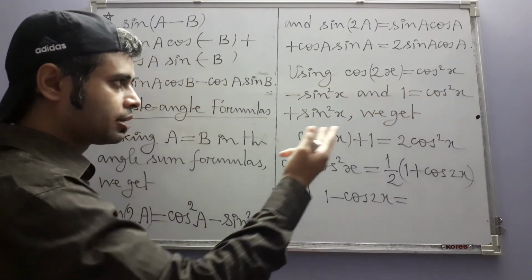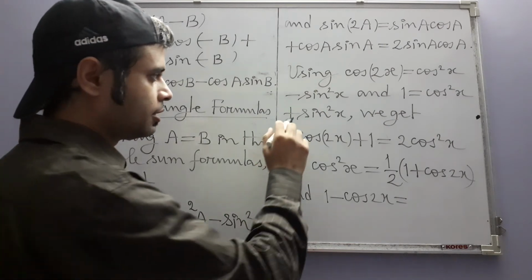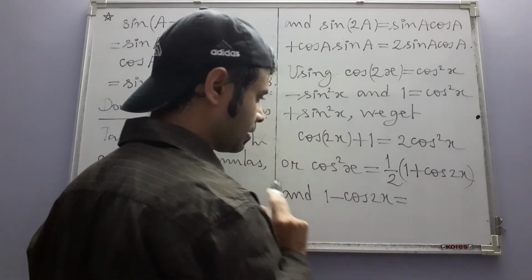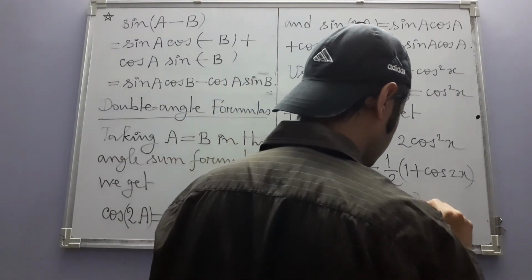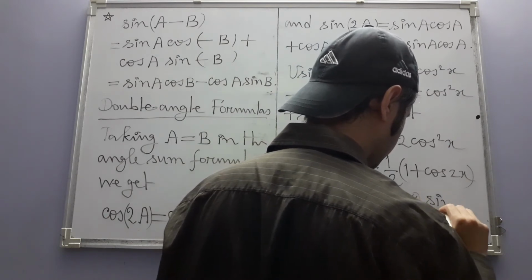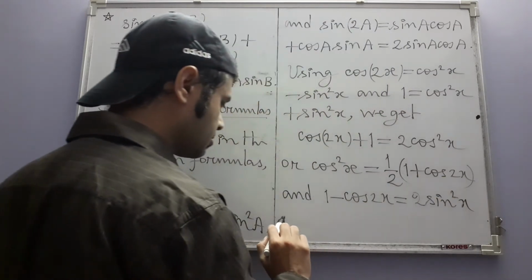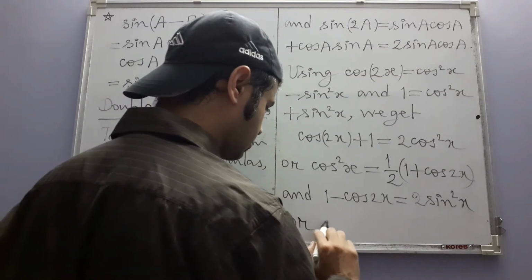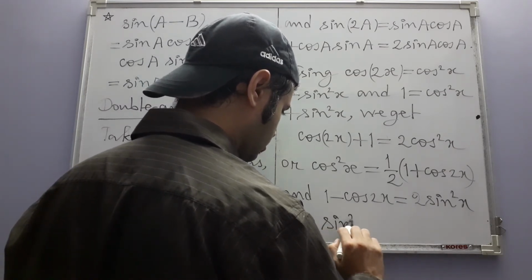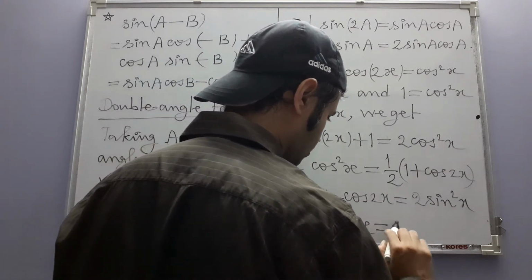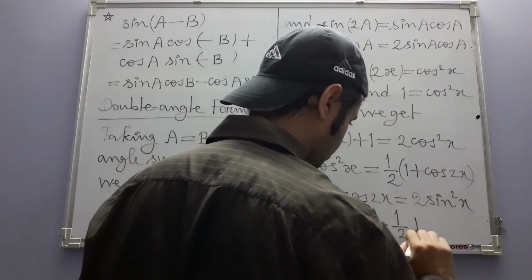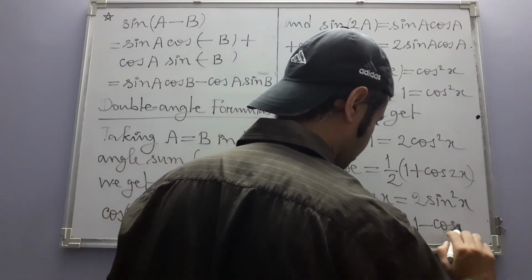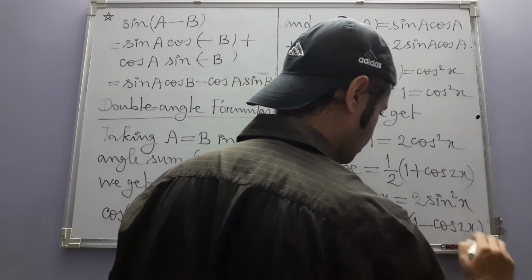So now cos square x and minus cos square x cancel out, and you have 2 sine square x. So that means 2 sine square x, or sine square x equal to 1/2 of 1 minus cos 2x.